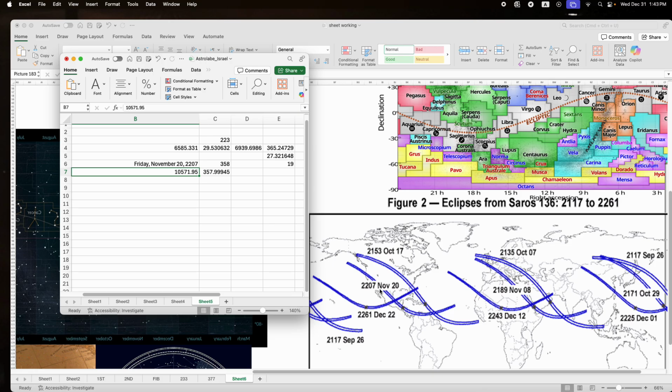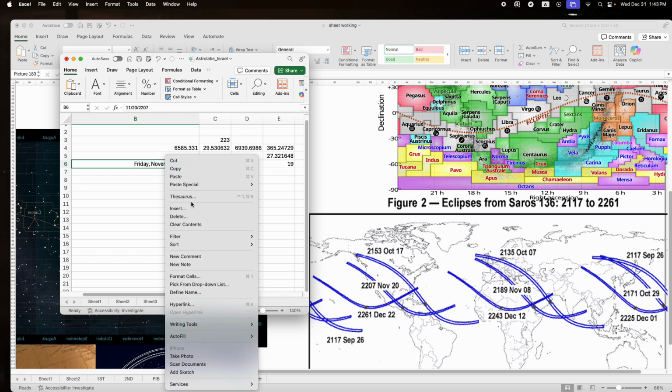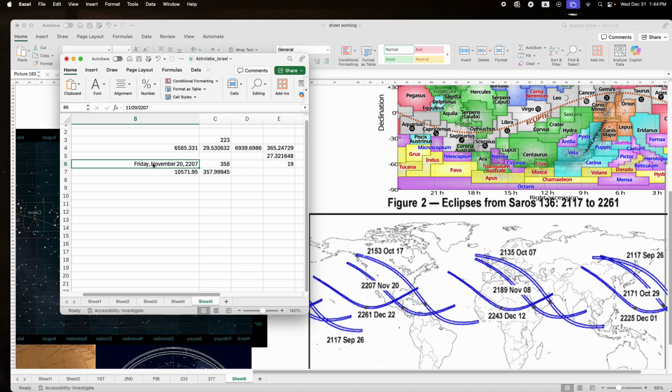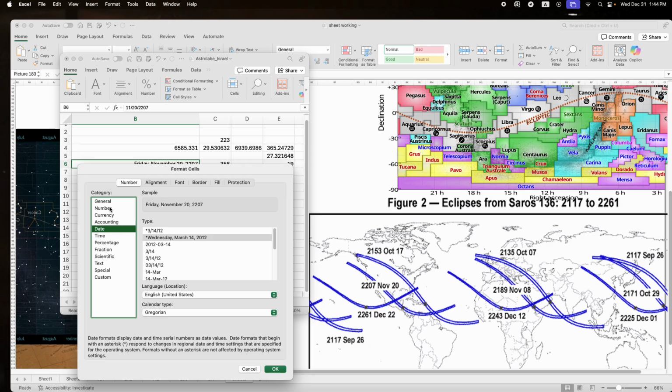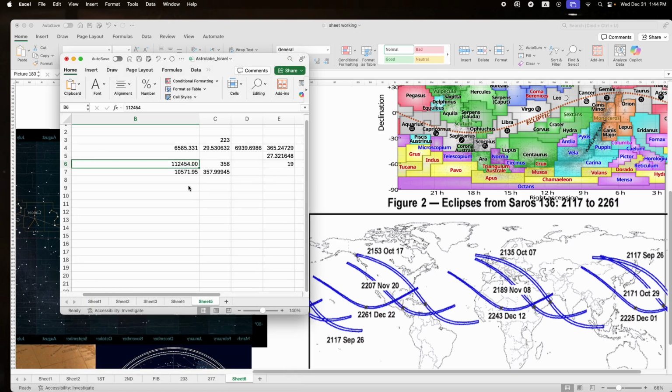So say we've got this value right here, 20 November 2207, which is a Friday. What we're going to do is take that, format it, and once we've got that as a date, if I can figure out how to work Excel here, change it to just a number.